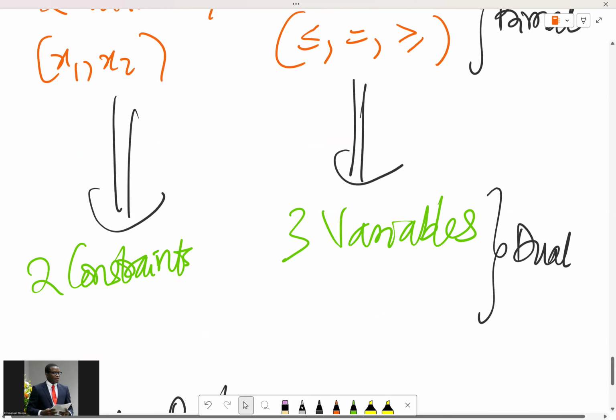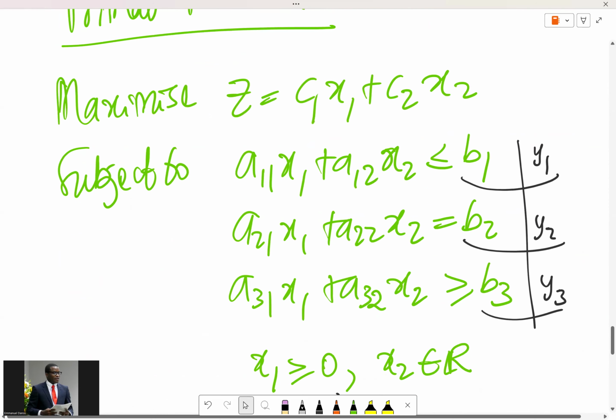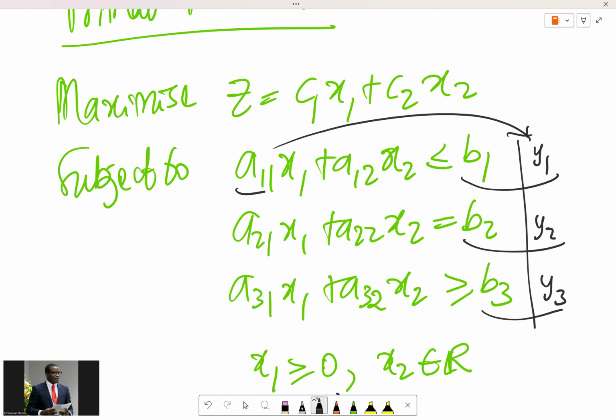How does that work? Just like what we did in the previous case, you are going to have A11 multiplied by Y1, A21 multiplied by Y2, and A31 multiplied by Y3. All of that, being the first constraint, is going to be greater than or equal to C1.